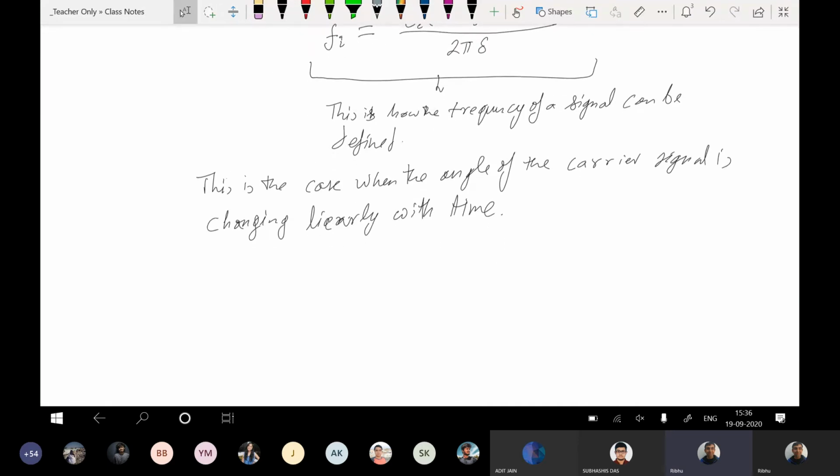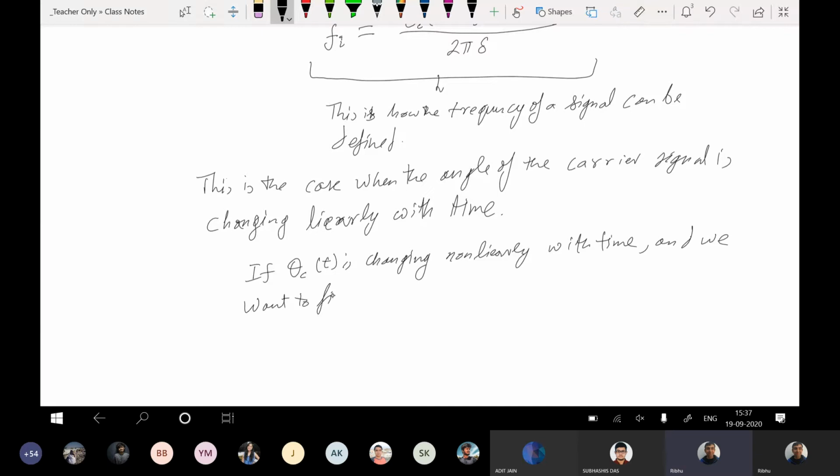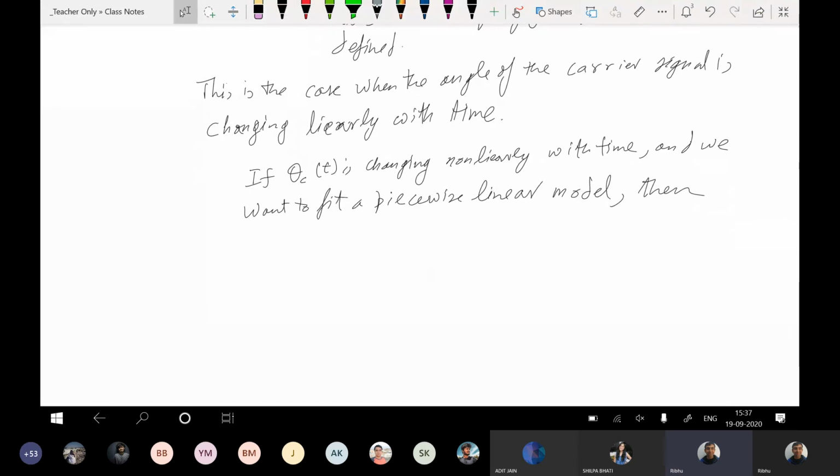So now let's say that theta_c(t) is changing non-linearly with time and we want to fit a piecewise linear model.